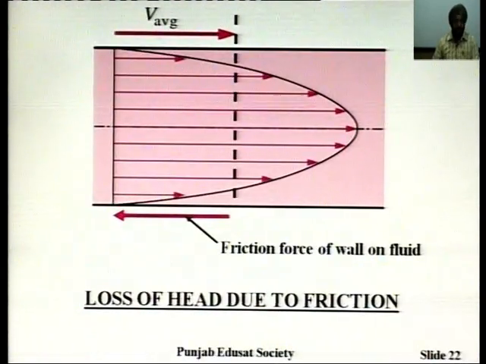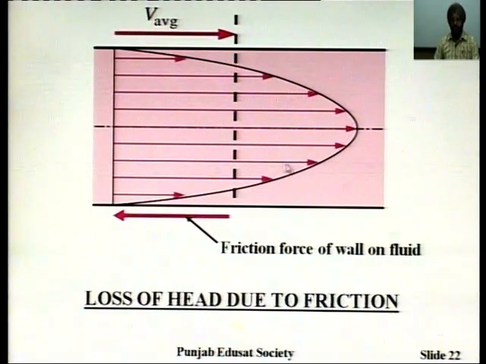Look at this diagram. This diagram is well explaining the loss of head due to friction. As we know, we have the parabolic profile in the case of laminar flow. If this v is the velocity of flow in this direction, these arrows are towards the right hand side.